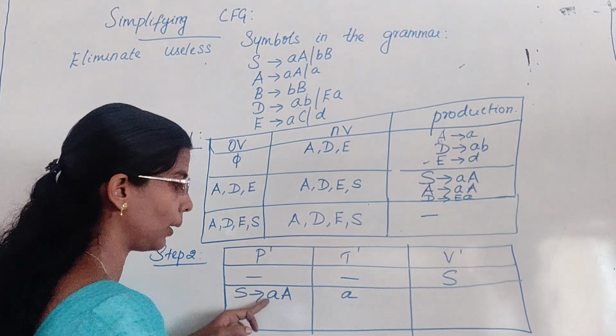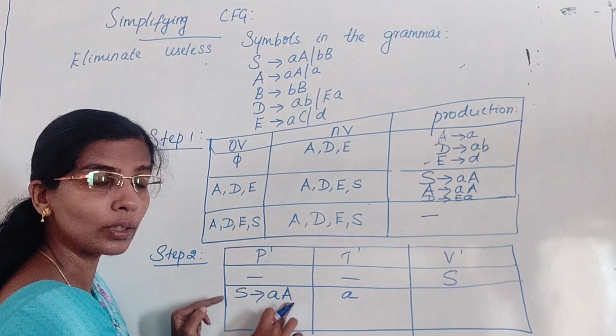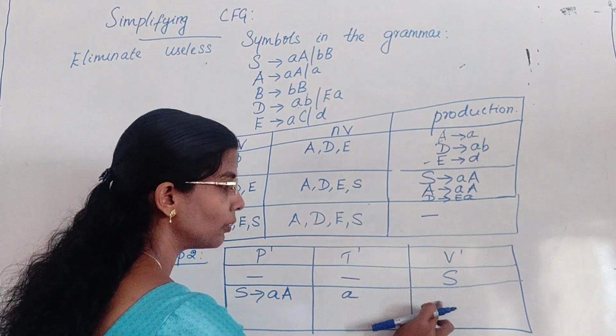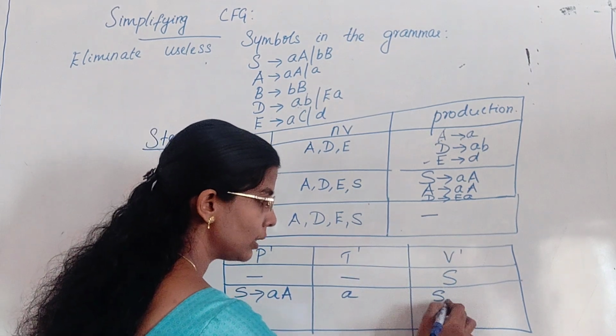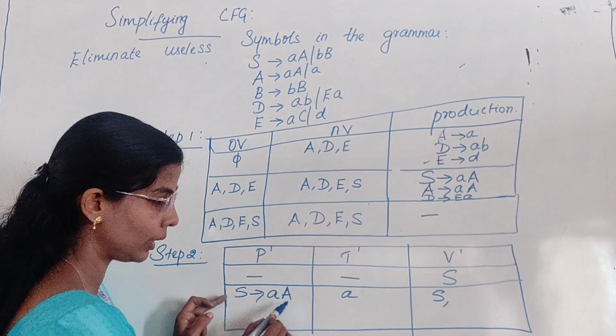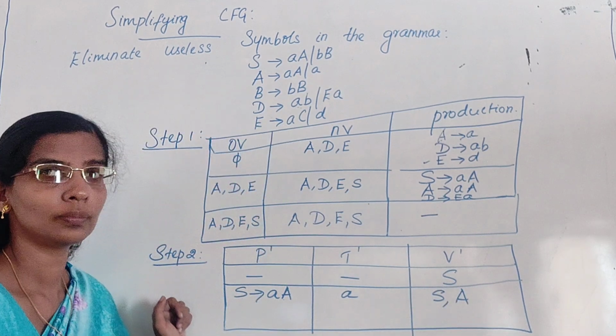I have only a. Then check this production and write the non-terminal or variable. Copy down S, and then check whether you have any other non-terminal. Yes, I have this A, so write this A.